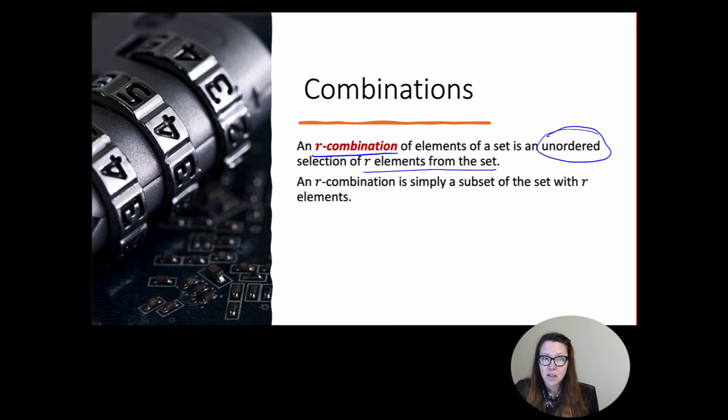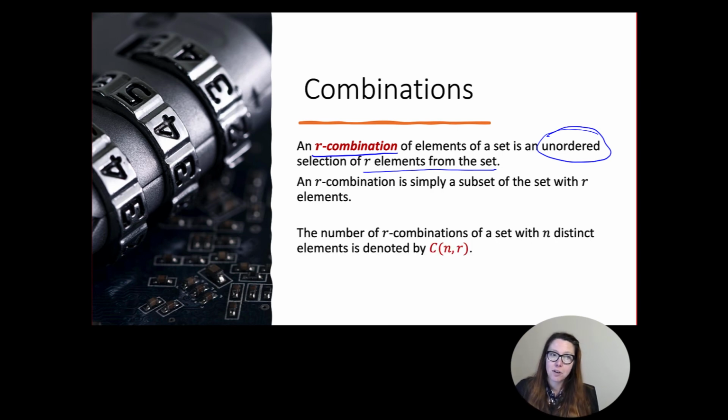And just as we had P(n,r) for permutations, we have a phrasing for this. We use C(n,r) to mean that we have a combination of R elements from a set containing N elements. So we're looking at all the possible subsets containing R elements from a set containing N elements.